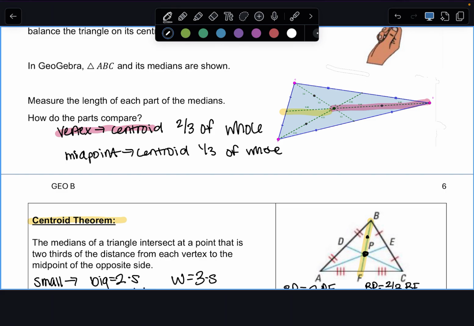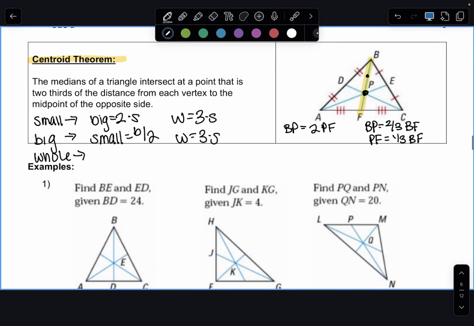And there's 3 of those pieces. So I can divide my whole thing by 3 to get just 1 of those pieces. So I take my whole thing and I divide it by 3 to get the small piece. And then once I have the small piece, to get the big, I just multiply it by 2, just like what we did up here.